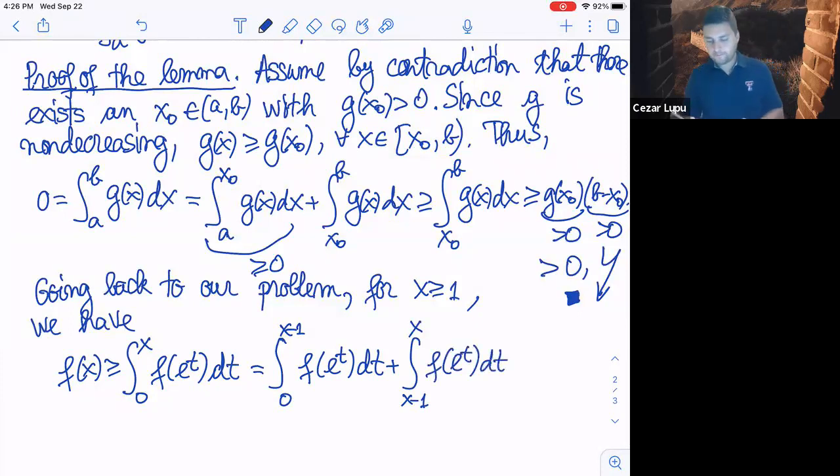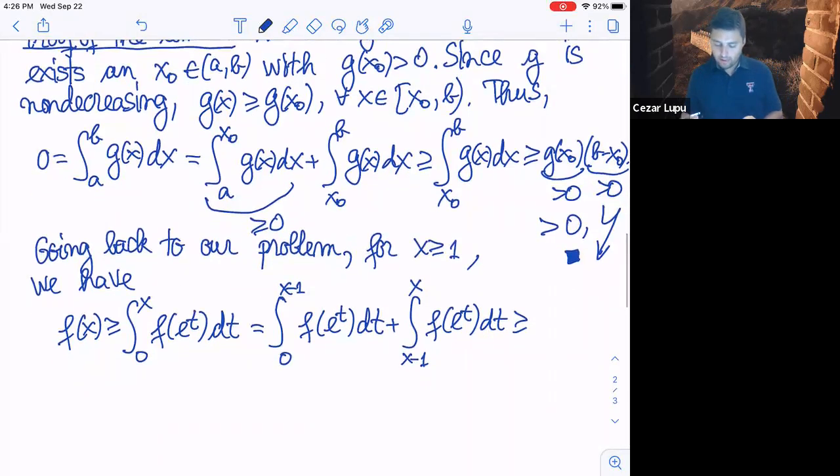Now we should be careful here because this will be greater or equal than the integral from 0 to x minus 1 of f of e to the power t dt, plus this integral here, if we change the variable, will be greater than plus the value f of e to the power x minus 1, right?